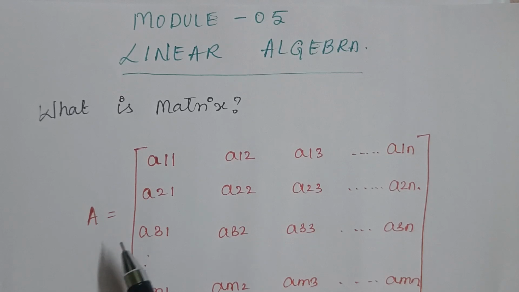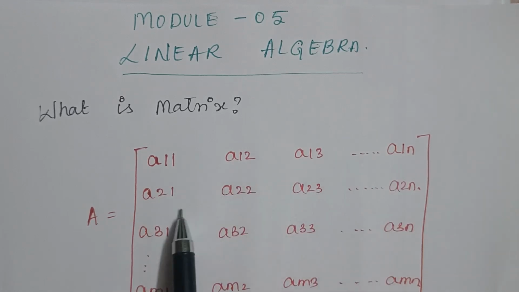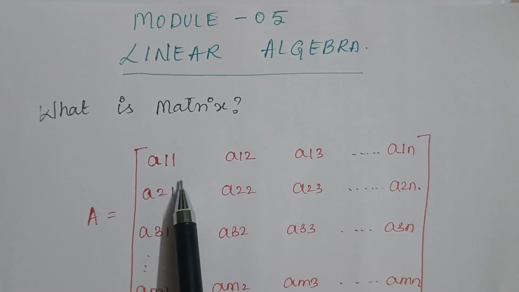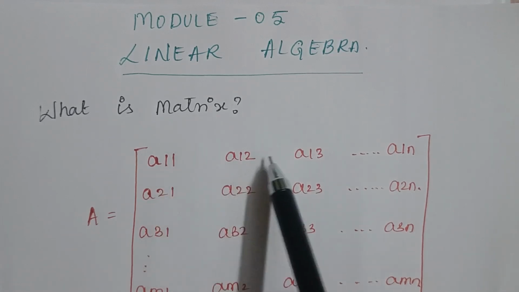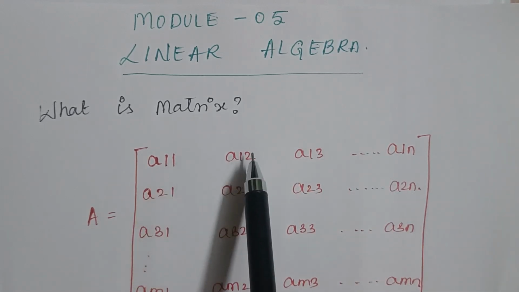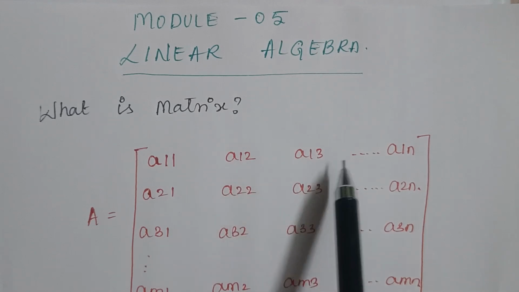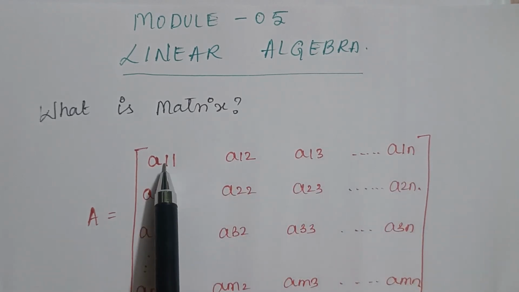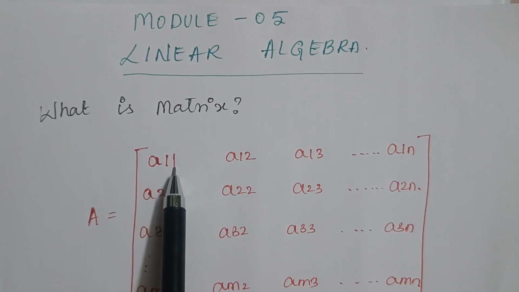So here you can see the elements are arranged in rows and columns form. These are the columns individually: column 1, column 2, column 3, and so on till column n. The first number represents the row, and the second number represents the column.